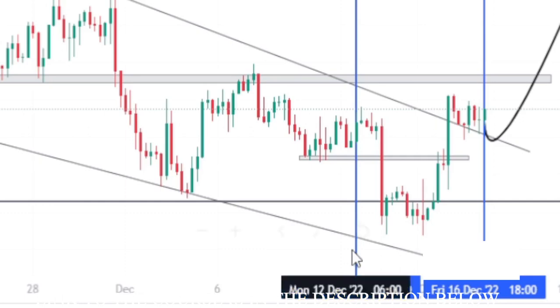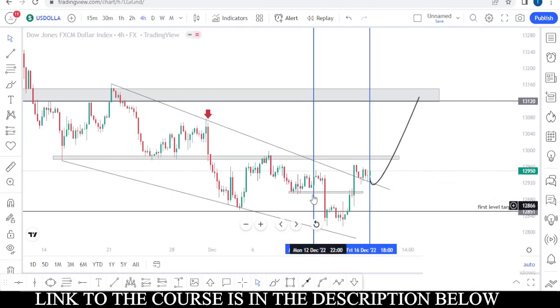All right, so price opened around this zone. So in the early part of last week, price pushed down, then towards the end of last week, price pushed back up. So at the end of the day, we really moved sideways. If you look at the date here, it is Friday 16th, which was yesterday as at the time of recording this video.